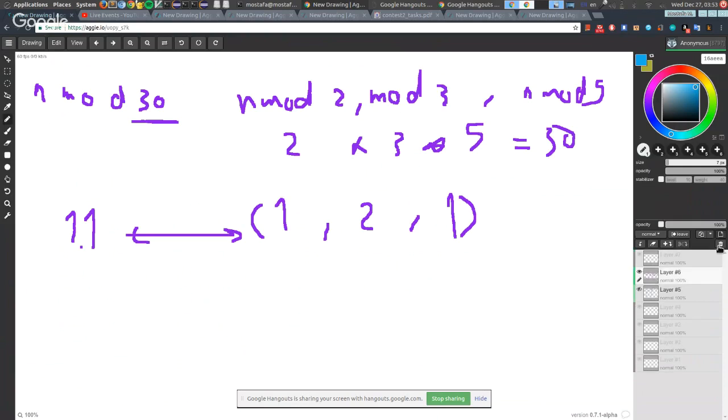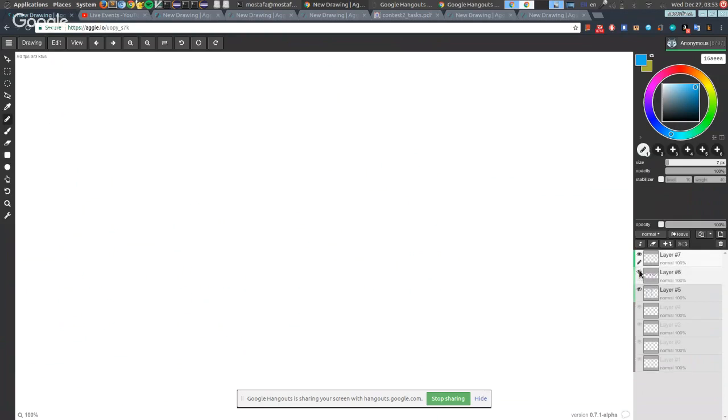We can look at, let's say, mod 4 and mod 6.